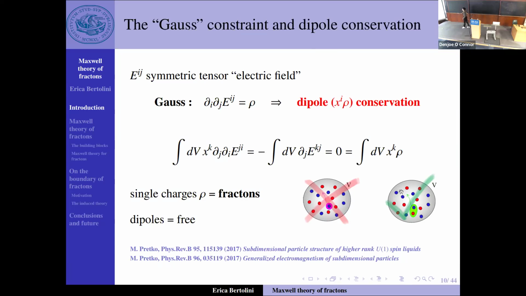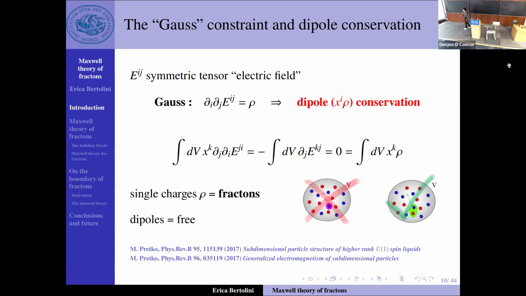In this case, we have an electric-like tensor field, which is symmetric, and has two indices, and we have a double derivative. This allows for a dipole conservation in this sense that, integrating on a volume and multiplied by x, the total dipole moment of the system must be conserved.